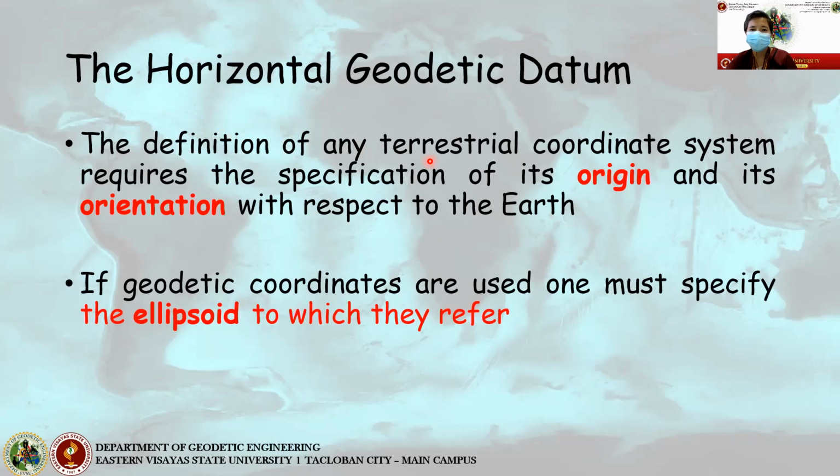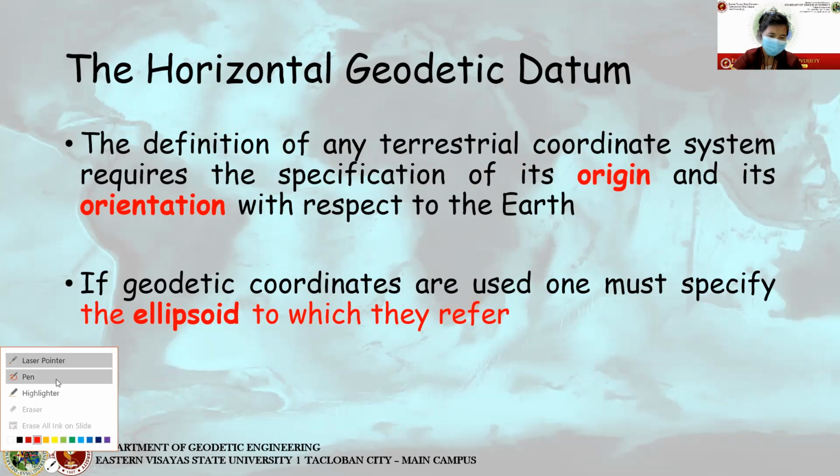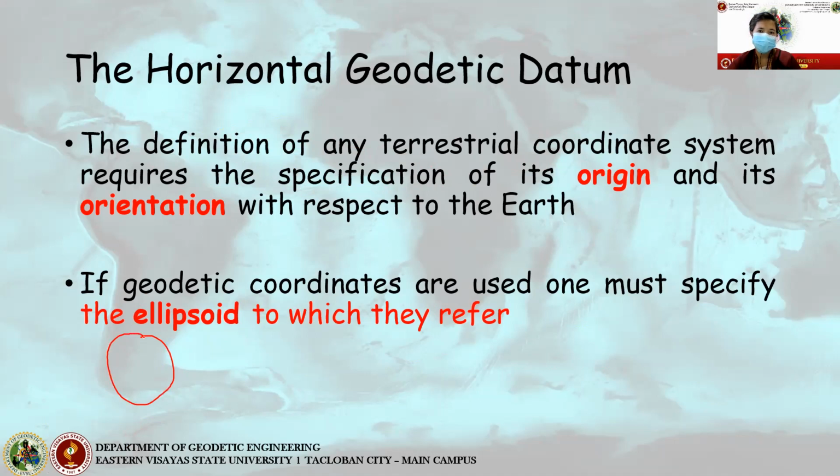The definition of any terrestrial coordinate system requires a specification of its origin. For example, if this is the Earth and this is the center, it could be the origin of the point, and this is used to compute the latitude and the longitude of the point.